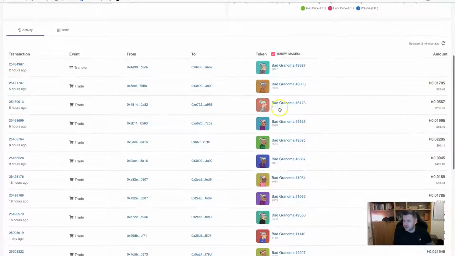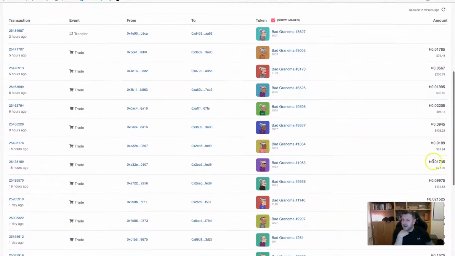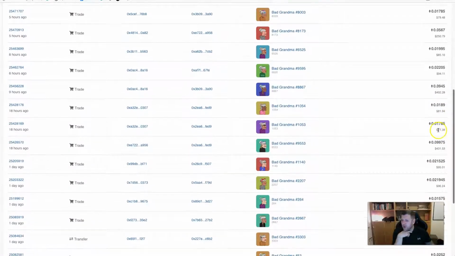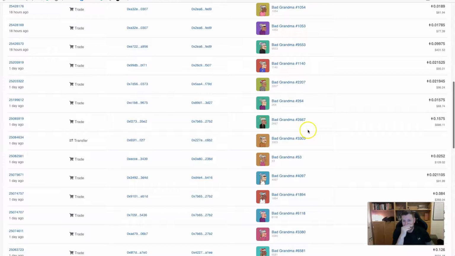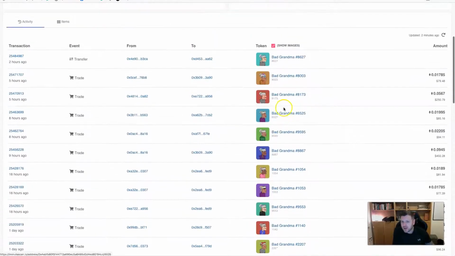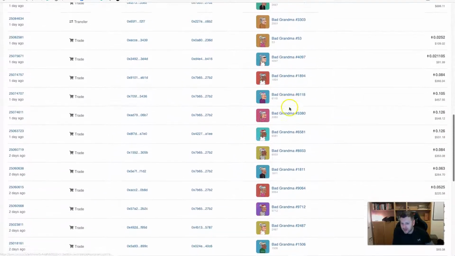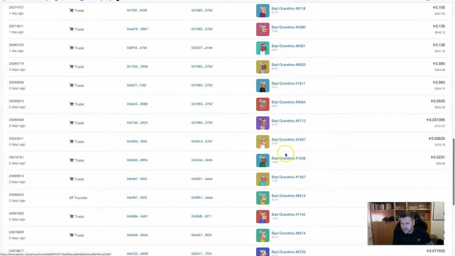You can see one did sell for 0.05, 0.02, 0.09. So they are selling, but most of them are selling for 0.01, and some people are buying the ones that will be in the top 1,000. If we go through some of the others, you'll see there may be ones that have got the aprons on or the VR headsets, which we talked about.